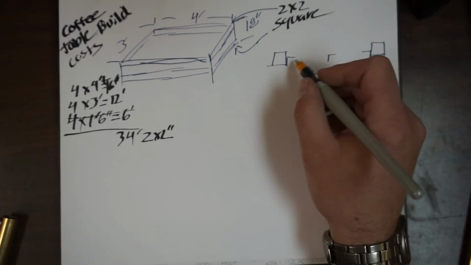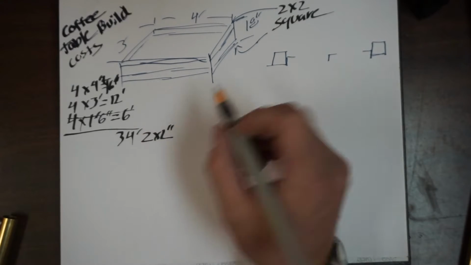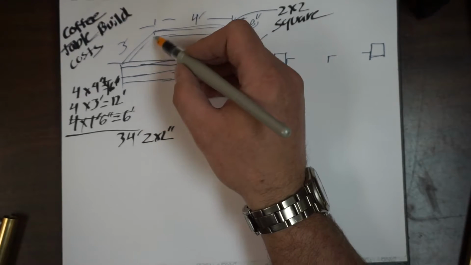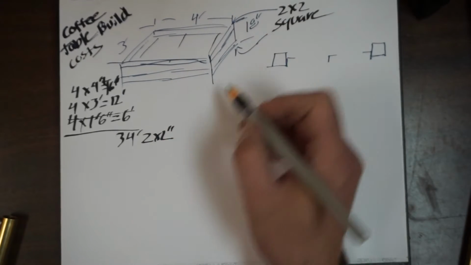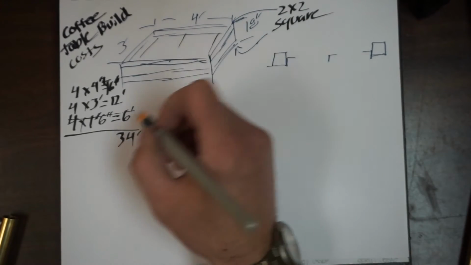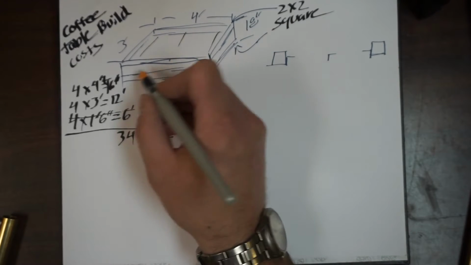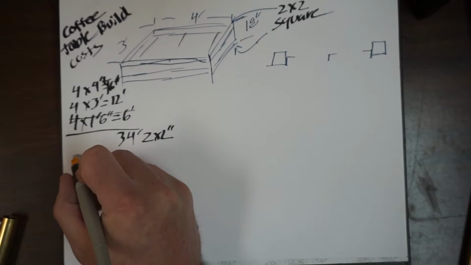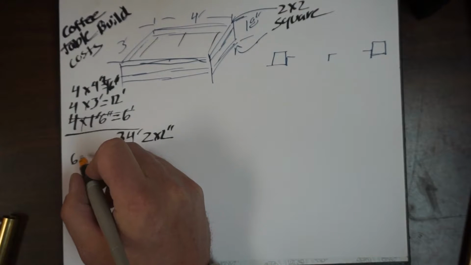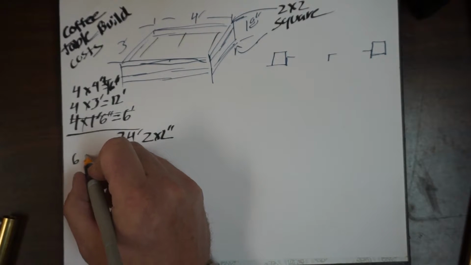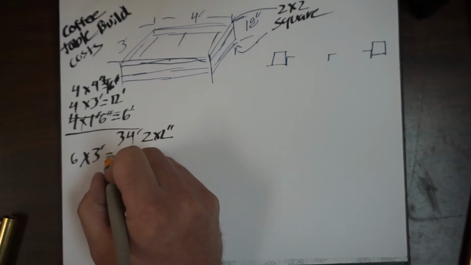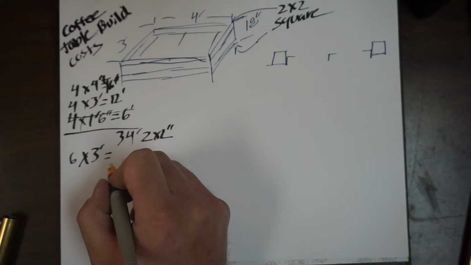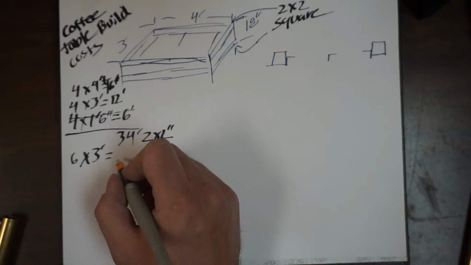All right, and now we need to calculate our pieces of angle iron. The pieces of angle iron are going to run this way. So we have 1, 2, 3 per level. So 1, 2, 3, 4, 5, 6. And although they're going to be cut a little bit short, we're going to say that they're a 3 foot long section. And that is going to be 6 times 3 is what, 18?